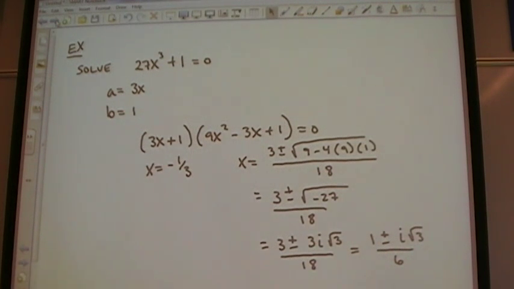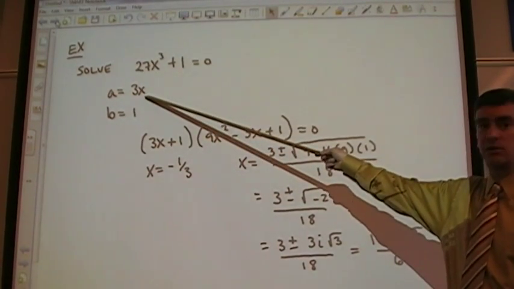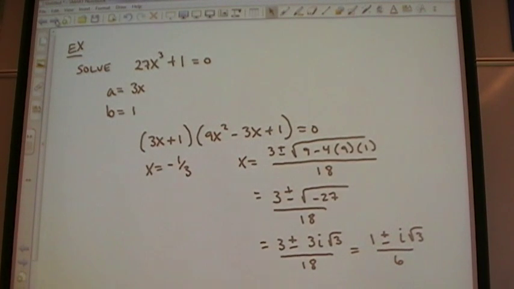Alright, when I solve a cubic, how many solutions should I have? 3. Alright, so just by looking at this, you should be able to tell me the a value is 3x, b is 1. If there's always an x after the first thing, there's going to be an x for a.